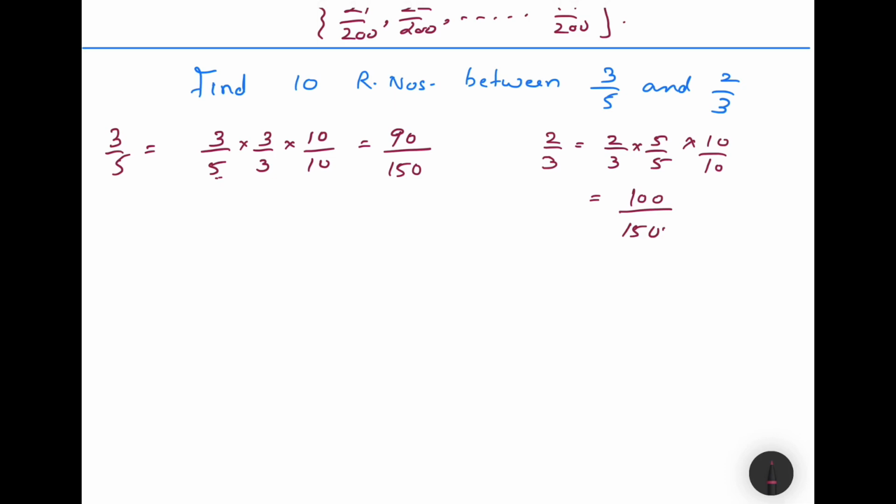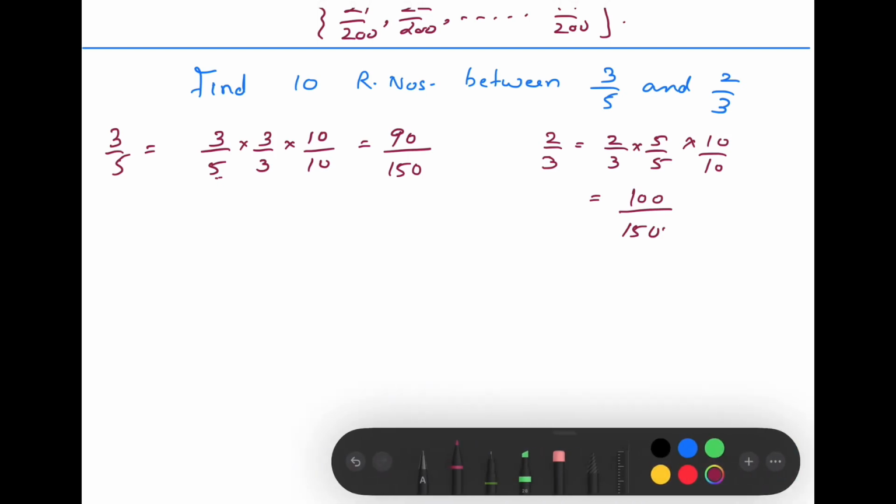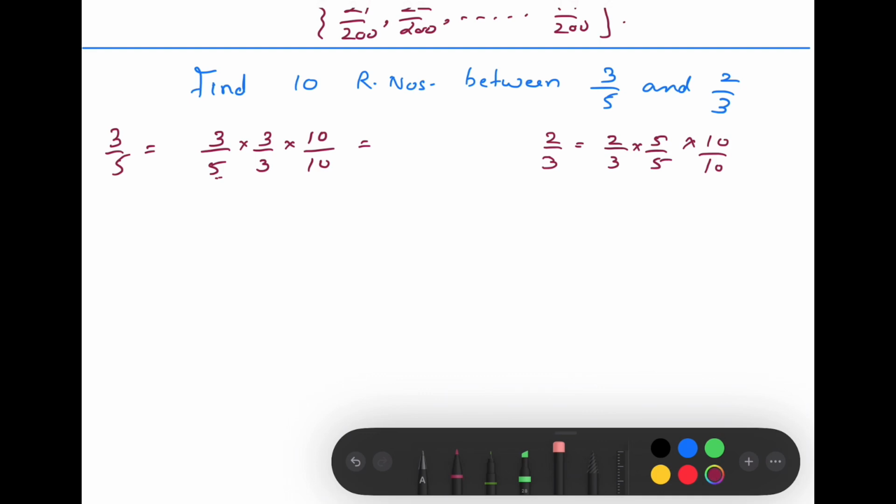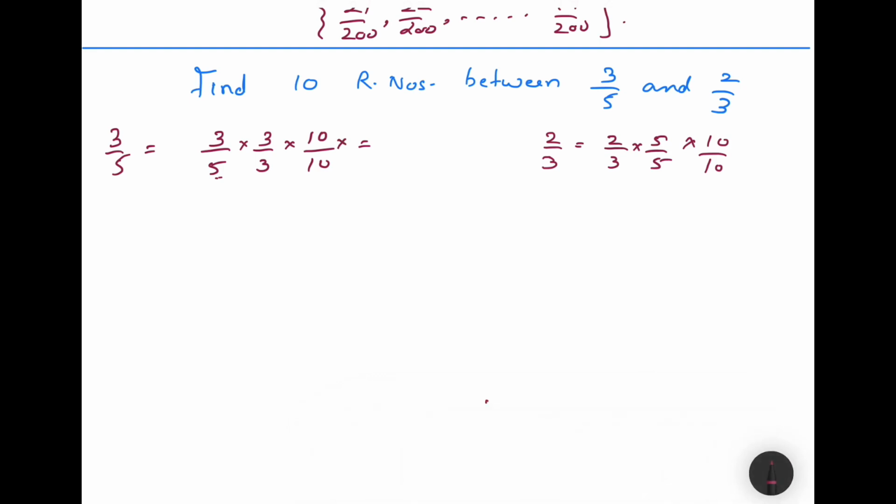So here also between the numbers 91 to 99 only you can write, so you are short by one number. So again multiply by 2 by 2.